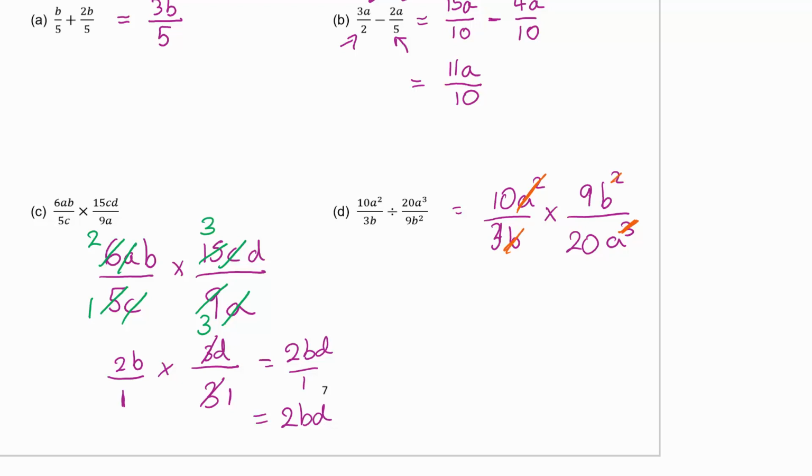This b can go with 1 of the b's on the top. 10 goes into 10 once and into 20 twice. 3 goes into 3 once and into 9 3 times. If we look at what's left, from the first fraction here, it's just 1 over 1. So whatever we have now is just coming from the second fraction, and I can see that's 3b over 2a.